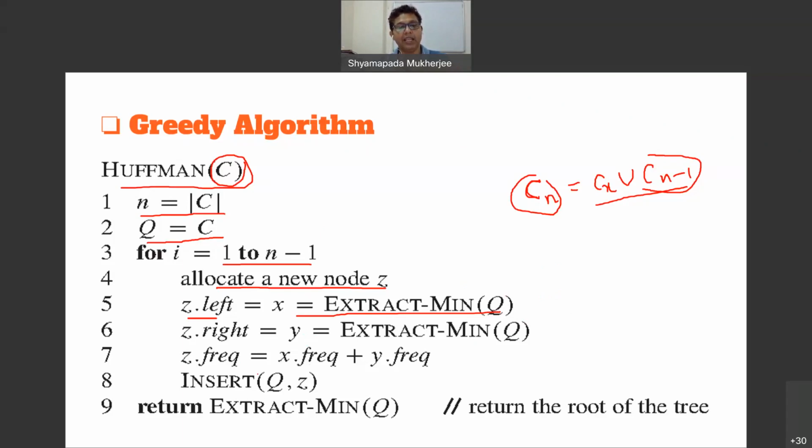We take the sum of both frequencies, create one root node for these subtrees and insert it in the tree, and we do this for all the characters present.